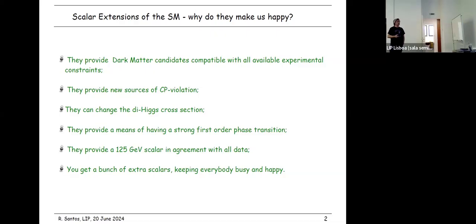That's why we need some extension. And they provide a Higgs that is compatible with all data. And then, of course, you get a lot of extra scalars, and so everybody is happy because they're looking for the extra scalars.